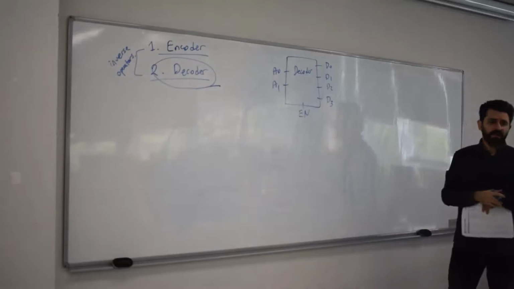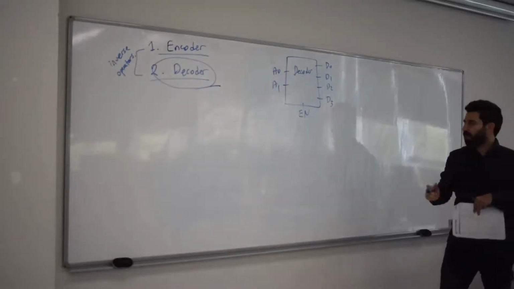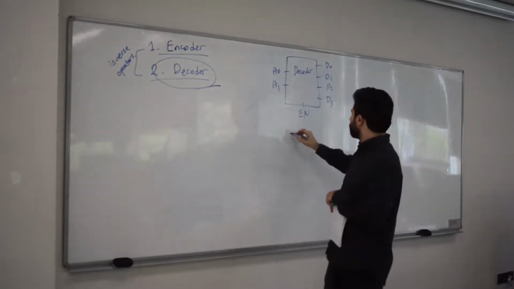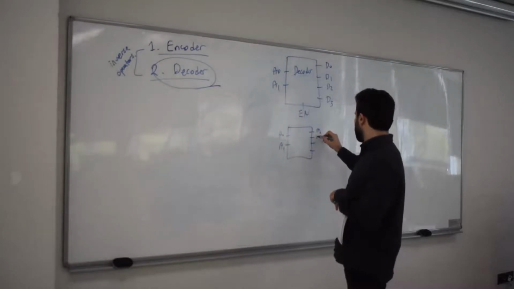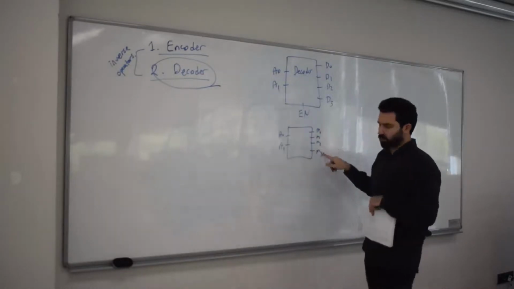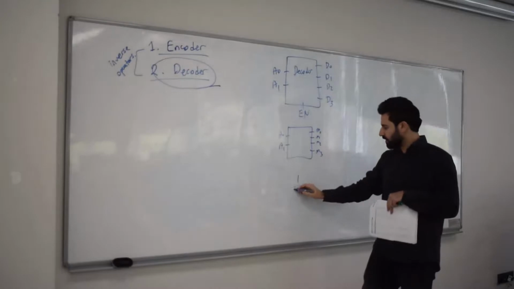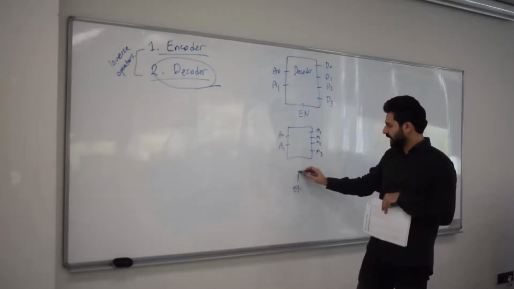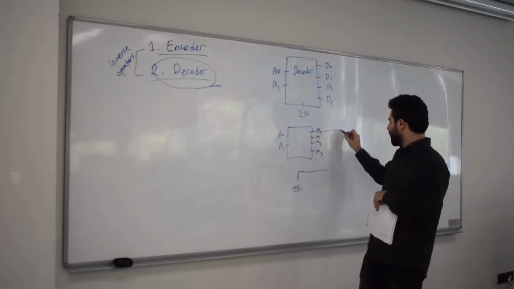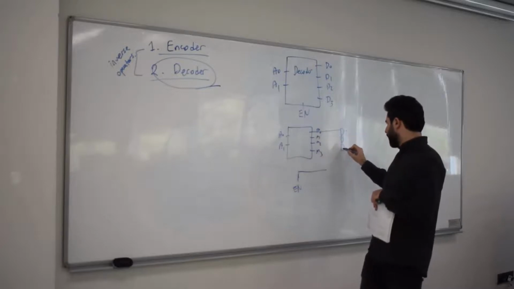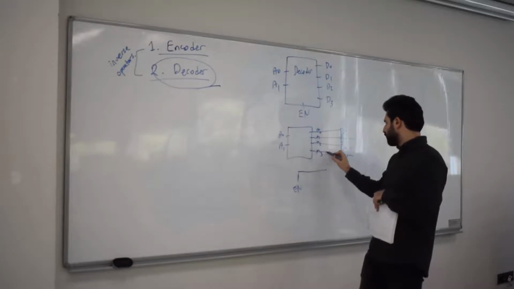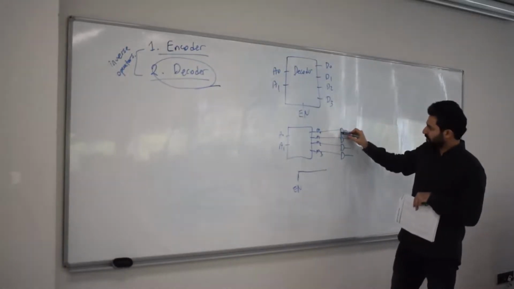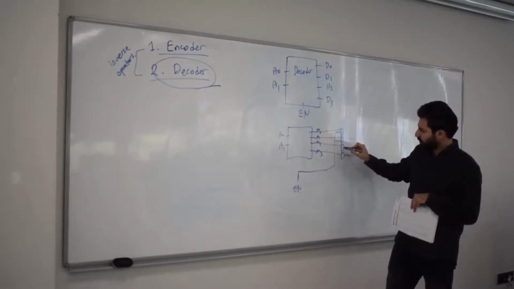Enable input is pretty simple to implement because all it takes is that you take the original decoder without enable, and all these are M0, M1, M2, and M3. These are the min terms. And the enable input is here. All it takes actually, connect them to an AND gate. Okay, you got 4 AND gates, and all of these are going to connect to the first input of the AND gate. The rest of the inputs are going to be connected to the enable.